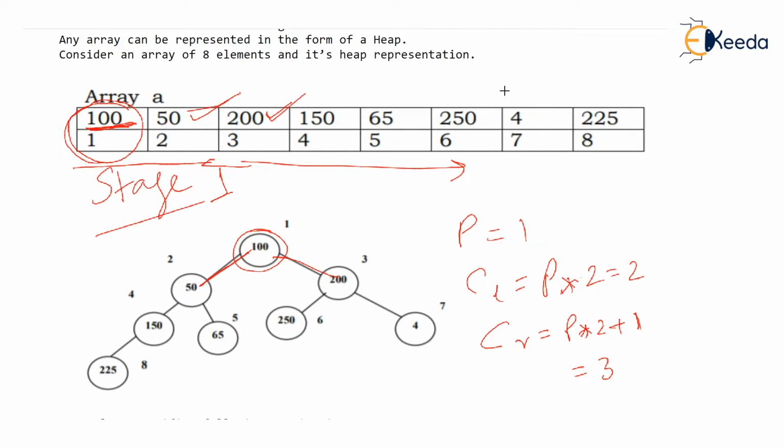Agreed? Now what about this second value? Whatever you store here must be greater than the fourth and fifth value. Why? Because this second node, which I am underlining, is the parent of 4 and 5. So parent 2 must be greater than child 4 and child 5, isn't it?